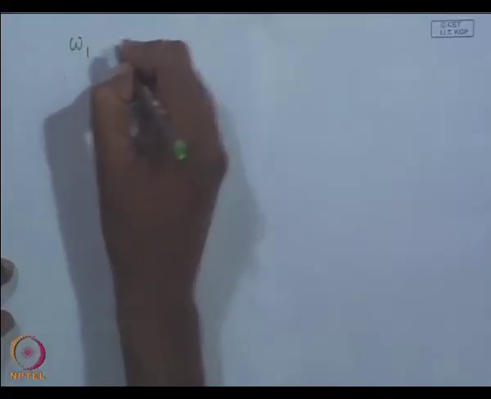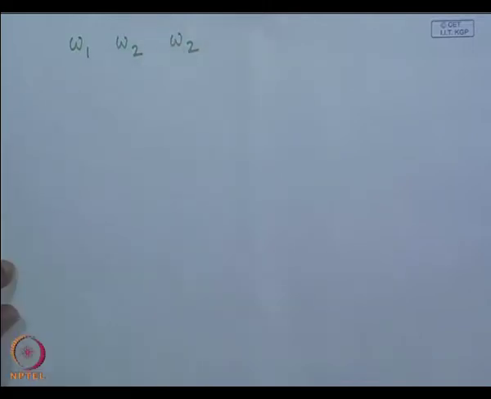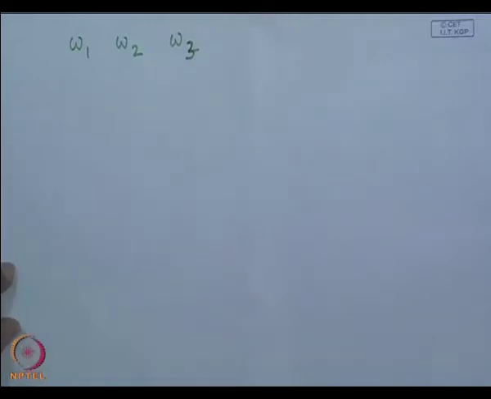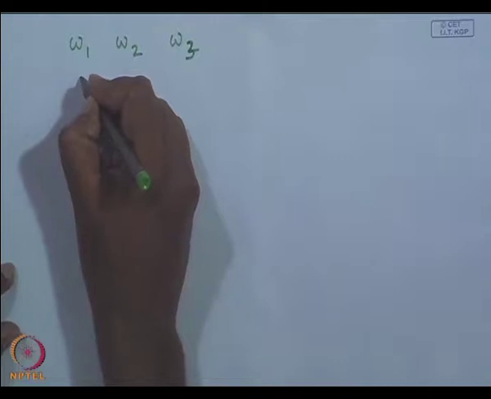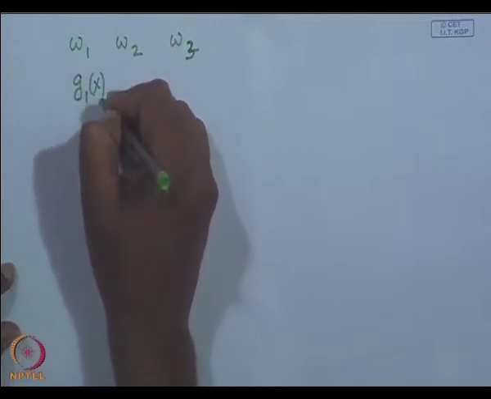We will take the first problem, where I assume that I have got 3 classes. Say the classes are omega 1, omega 2 and omega 3. For every class, I have a discriminant function. That means, for class omega 1, I have a discriminant function given by g1(x).